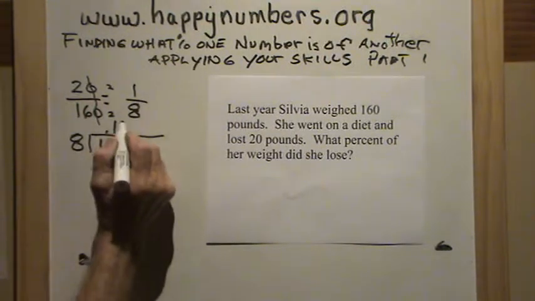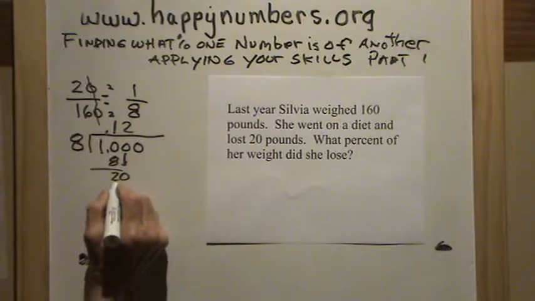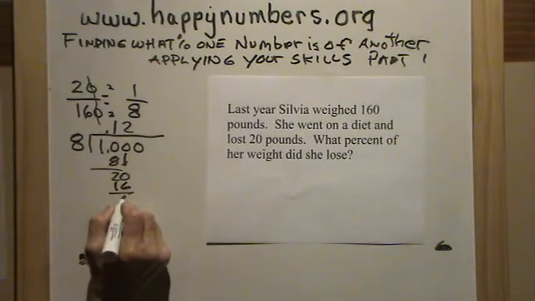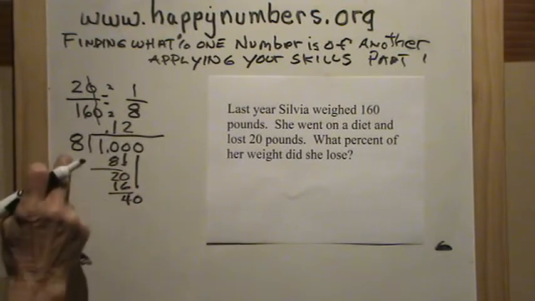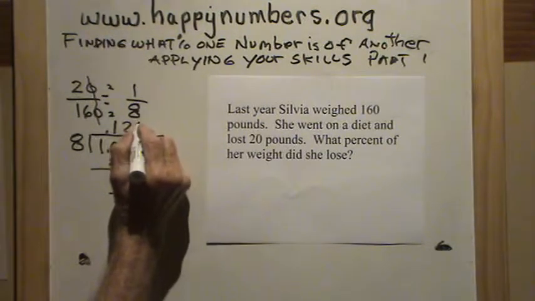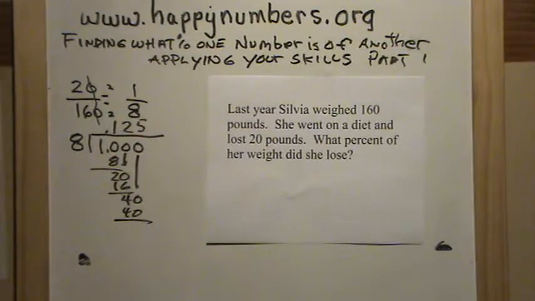8 will go into 20 2 times. 2 times 8 is 16. I subtract and I get 4, and I'll bring down my 0. 8 will go into 40 5 times. 5 times 8 is 40. And okay, now the problem is done.